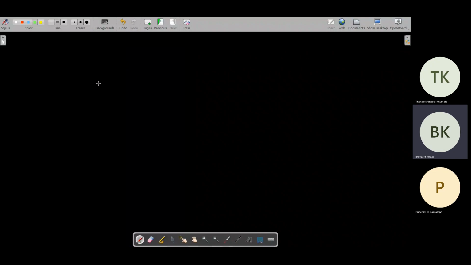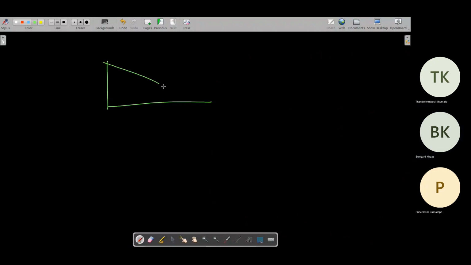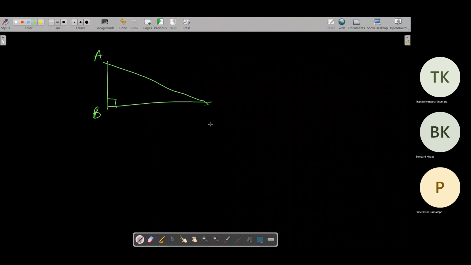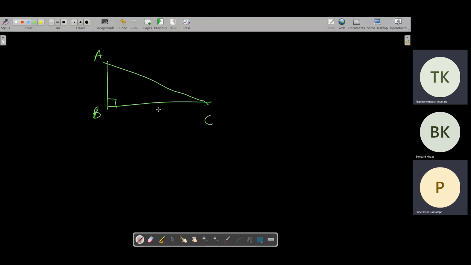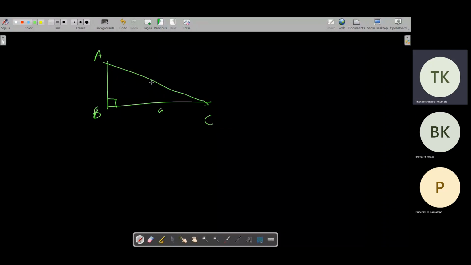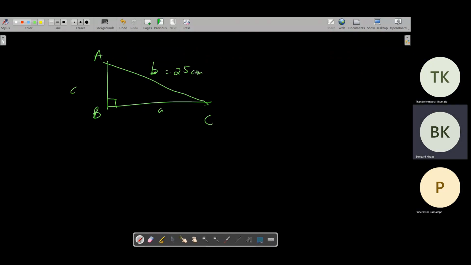So we'll be given a triangle like this, A, B, C. We are told that this smaller side A B is 25 centimeters. C here is unknown.